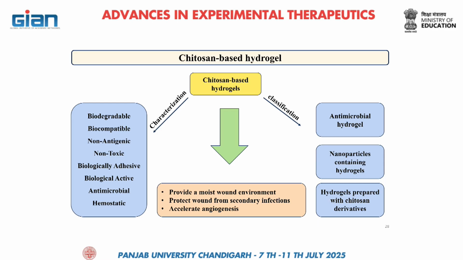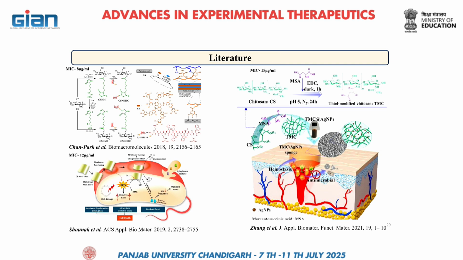So we thought, instead of making the hydrogel with our molecule, what will happen if we take some application or some activity from our molecule mixed with chitosan? Let us see if there is any improvement. Accordingly, in the literature we have seen that there are a large number of reports where people utilize their molecule along with chitosan, and after that they have seen some improvement.